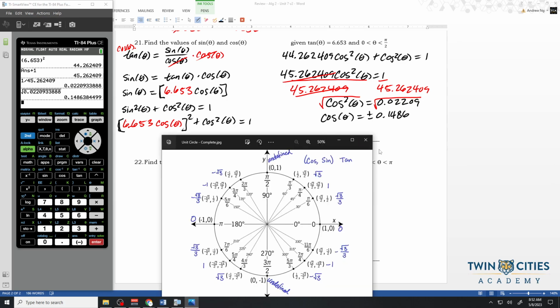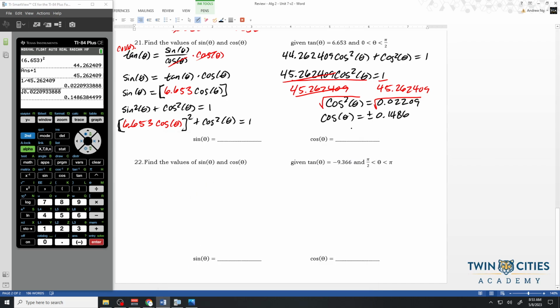And I look at my restriction: 0 is less than theta, less than pi over 2. So 0 is here, pi over 2 is here. This tells me to look at the cosines here, and that's 1/2, square root of 2 over 2, square root of 3 over 2. These are all positive, and therefore my cosine for this theta must be positive.